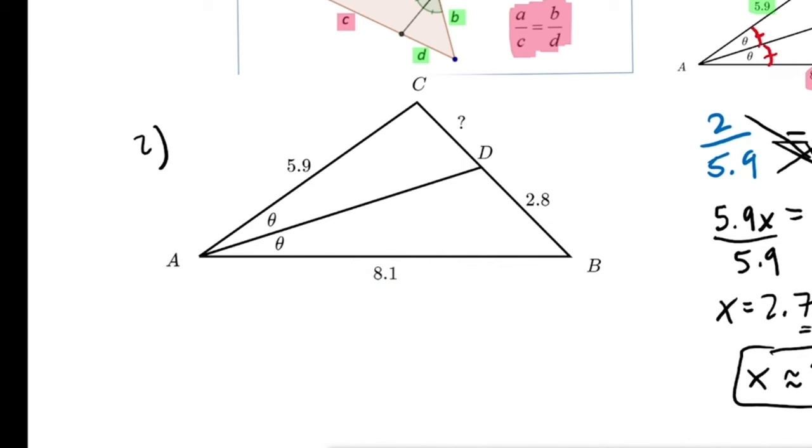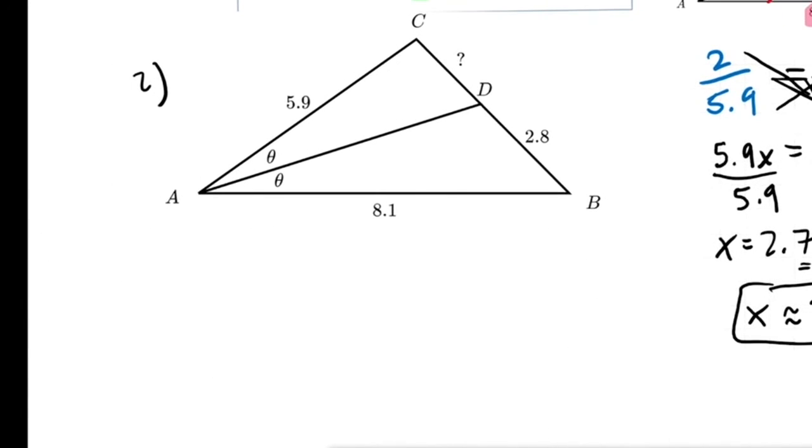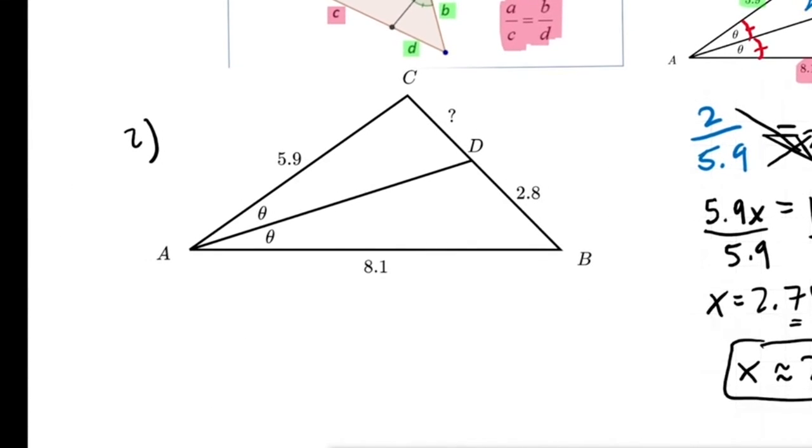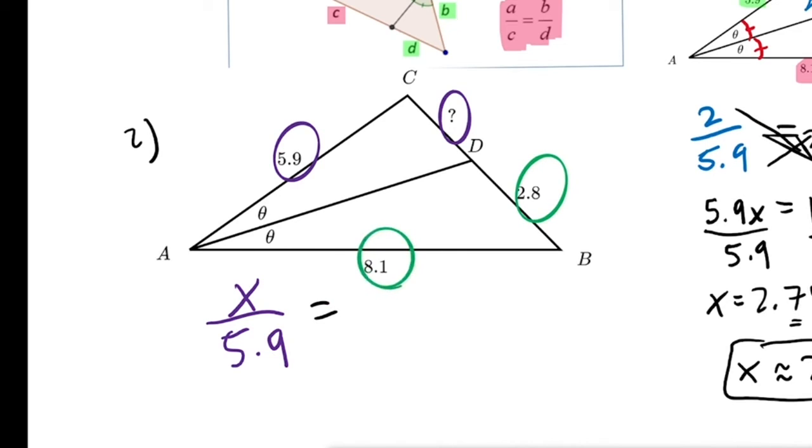Now, I'm sure you all went ahead and paused the video and did the thing, I'm sure. So here's what we're going to do. We're going to do the same exact thing. By the angle bisector theorem, we can say that, for example, x over 5.9 equals 2.8 over 8.1.